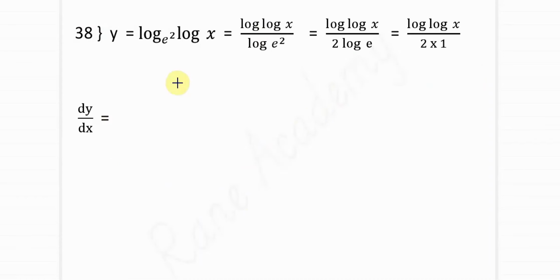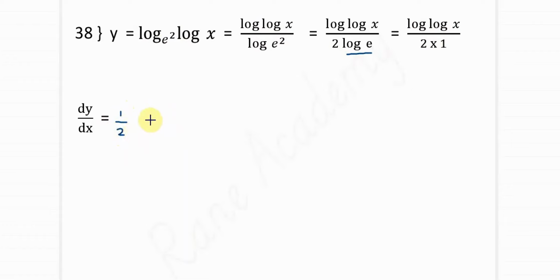Question number 38. Y is equal to log x to the base e square. So we are using the change of base formula. So we get log of log x upon log of e square, which can be further simplified as 2 log e, and log e is 1. So we have 2 into 1. In the numerator we have log of log x. Now we differentiate. Now half is a constant, so we keep as it is.